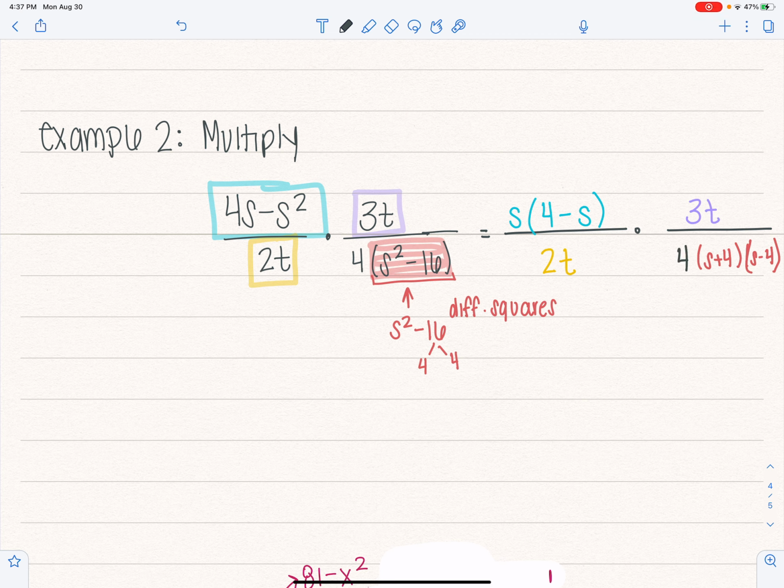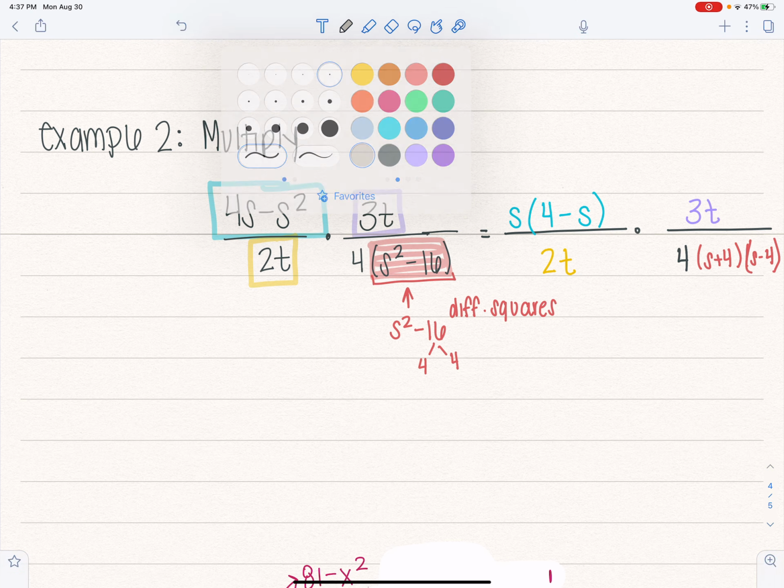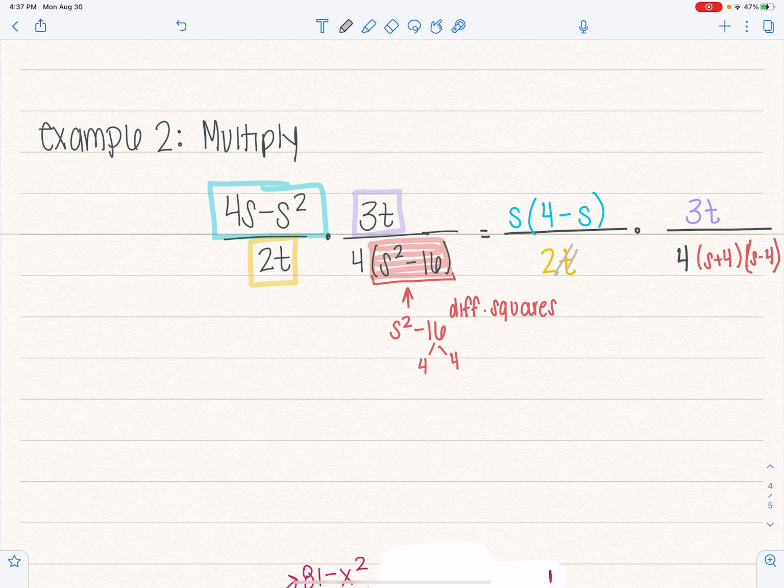And so all I did was factor this part as s plus 4, s minus 4, and I kept that 4 out front. Now from here, it's just going to be a matter of canceling. I factored everything that I can factor, and so I'm now looking to cancel. The t's cancel.